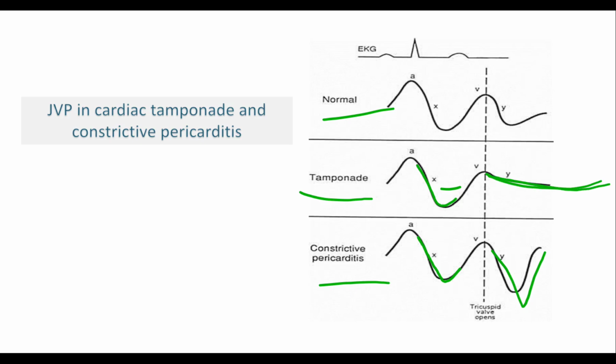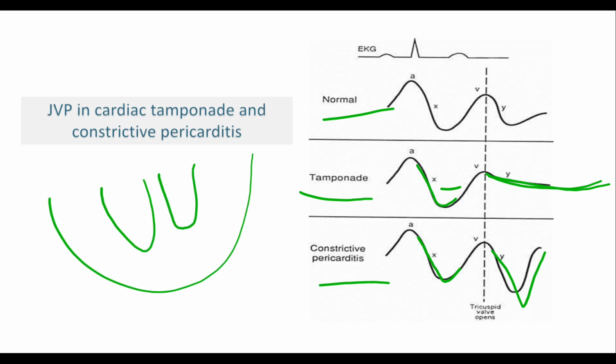Because in cardiac tamponade, the atria cannot empty its blood into the ventricle because the ventricle is going to be non-compliant, right? Due to tamponade effect, the filling into the ventricle will be highly compromised. So the Y wave will be flat. You can't empty that whole blood at one go into the left ventricle, as well as right ventricle. JVP mainly we're talking about the right side.